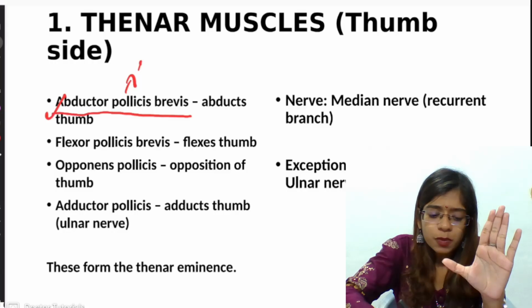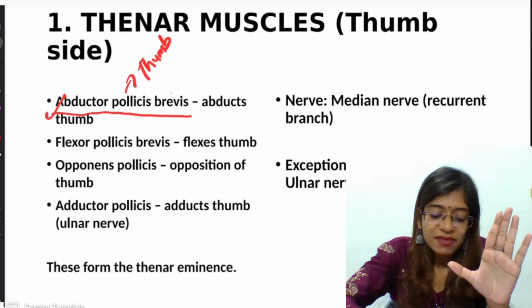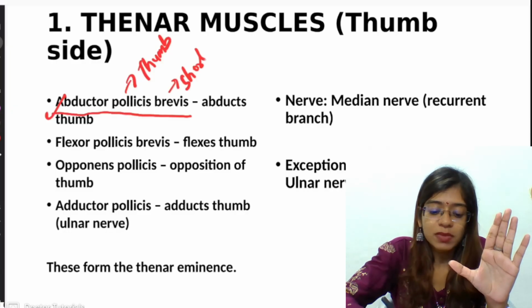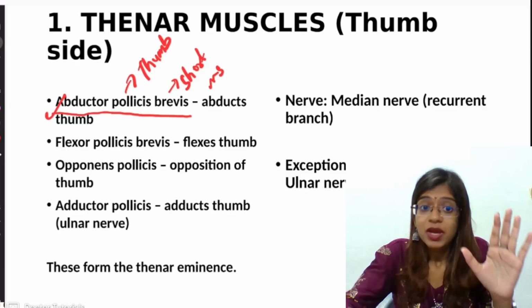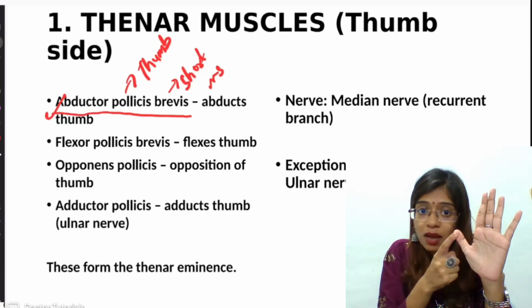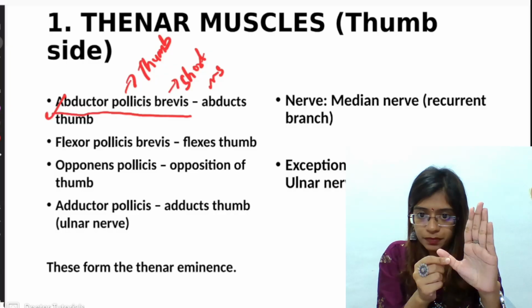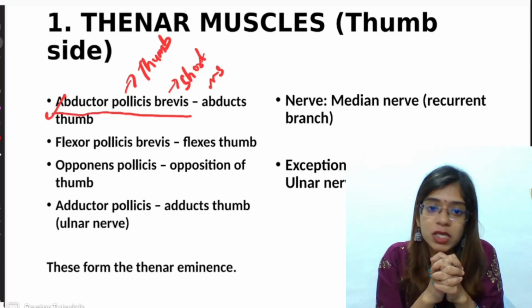Pollicis means thumb. Brevis means it is a short muscle. So it is a short muscle related to the thumb which helps in abduction of the thumb.